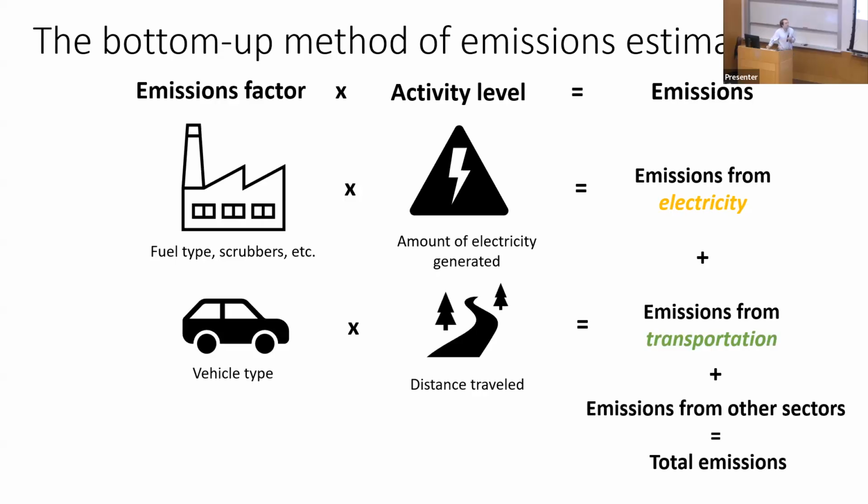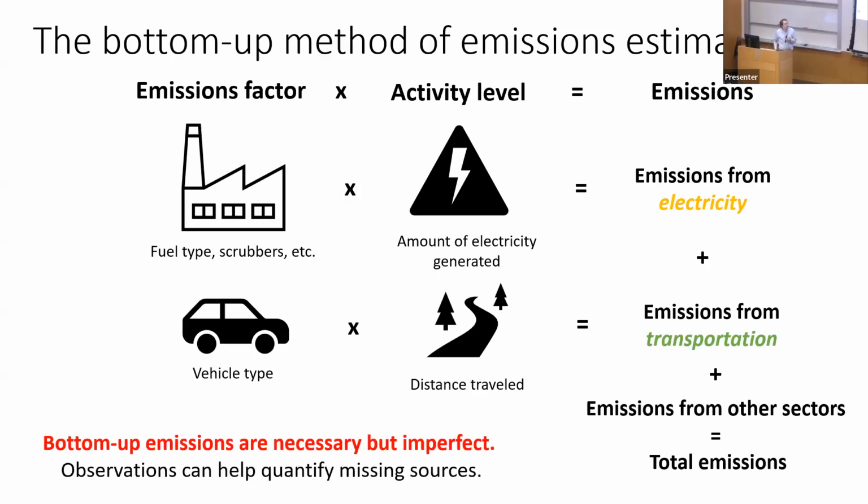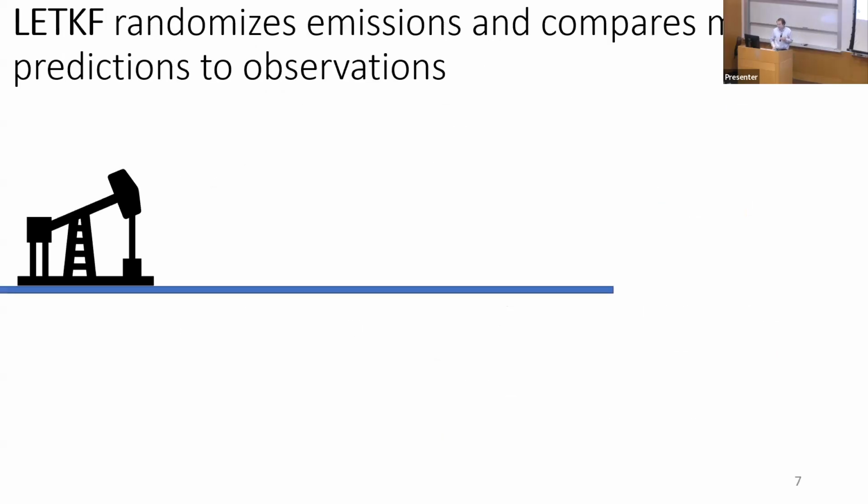And this is absolutely indispensable and a key part of modeling, because these inventories link these processes to concentrations, and that's really important for mechanistic understanding. But these inventories can take a while to make. They can have inaccuracies. And so observations can help us add to this approach.